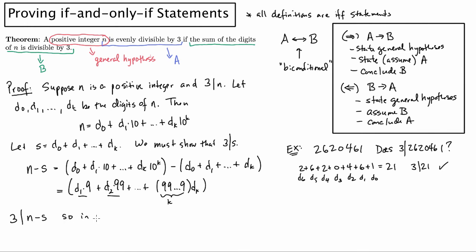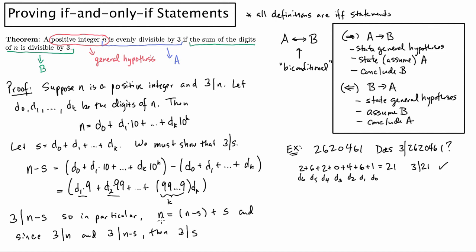So in particular, what we have is that n is equal to n minus s plus s, and since 3 divides n and 3 divides n minus s, then 3 must also divide s. Because if the left-hand side is divisible by 3, and this piece is divisible by 3, then s must also be divisible by 3. And so that is the forward direction.